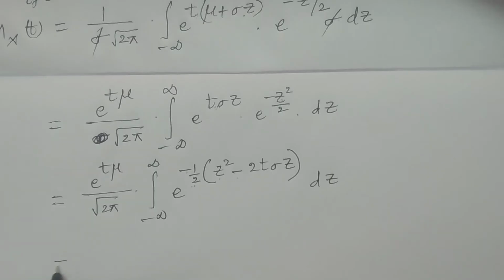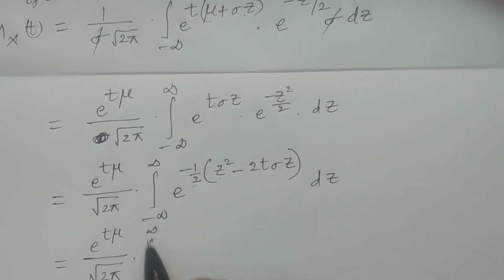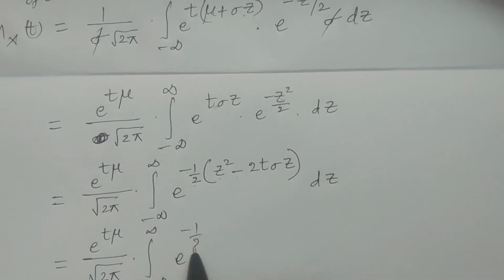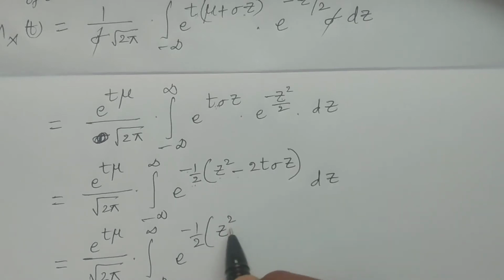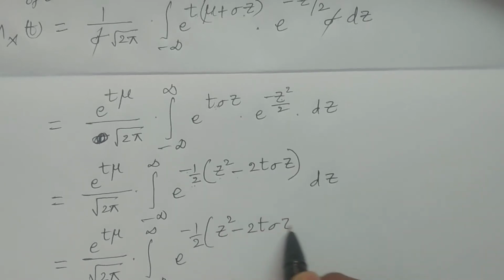Then you add and subtract. e power t mu divided by root 2 pi multiplied by integral minus infinity to infinity e power minus 1 by 2 z square minus 2t sigma z.